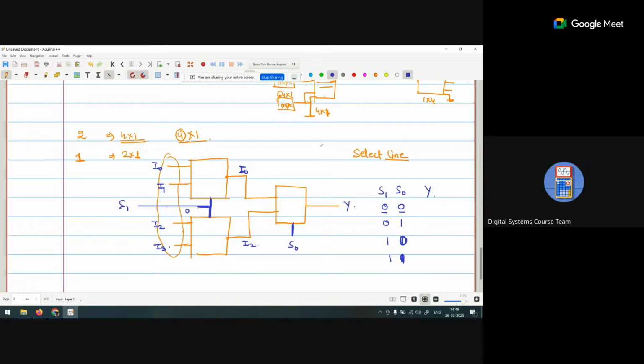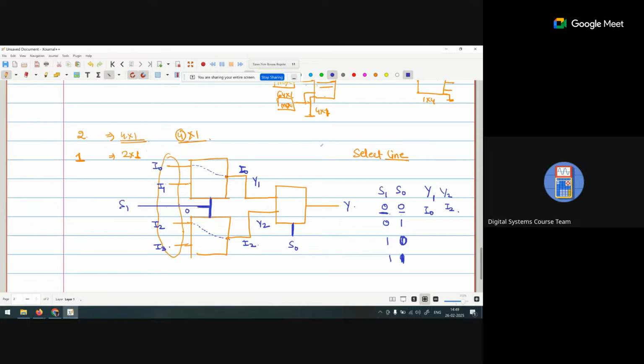So if S1 is 0, this is Y1 and this is Y2. Y1 is I0, because when it is 0, the first line will be connected with the output. So Y1 is I0 and Y2 is I2.